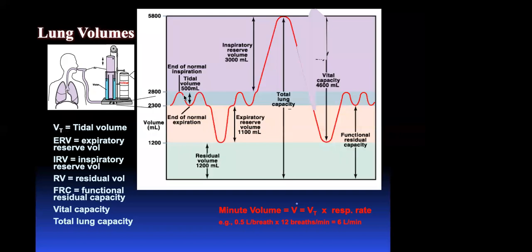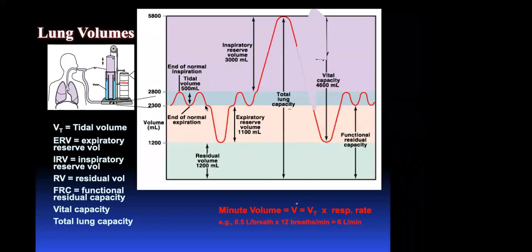In a 70 kilogram man, it is usually 500 mils. In females, it's slightly less; it's proportional to the physical stature of the person. Obviously, when he breathes out, the same amount of air will come out. So the amount of air moving in and out of the lungs during a resting inspiration and expiration is called the tidal volume, and it's about 500 mils.